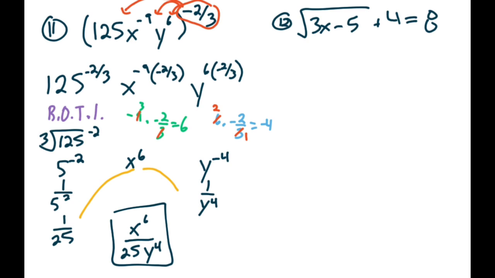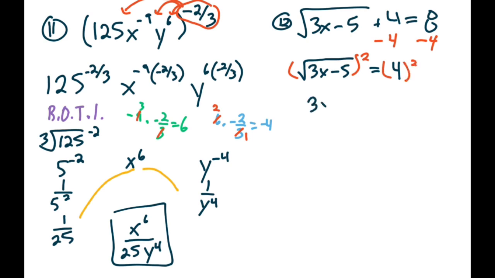All right, and then 12. When we're solving equations, we've got an equal sign in them. We're trying to get x equals some number. So the first thing I'm going to do is subtract 4 from each side. So the square root of 3x minus 5 equals 4. Now to get rid of the square root, we're going to square both sides.